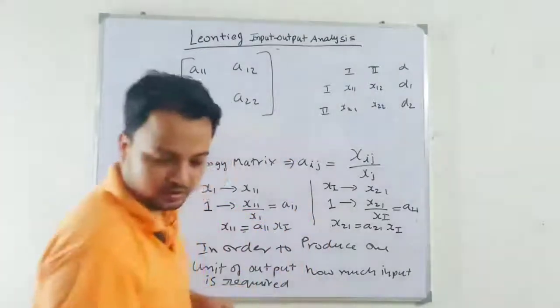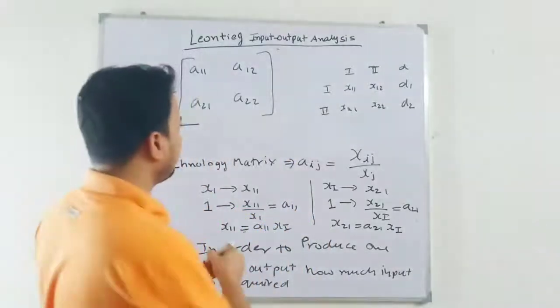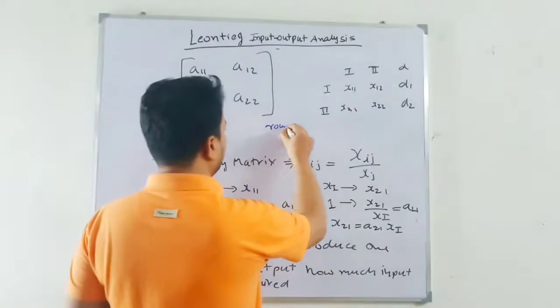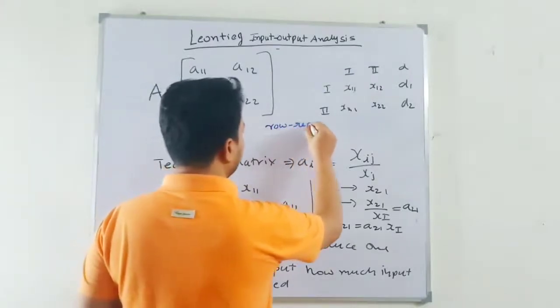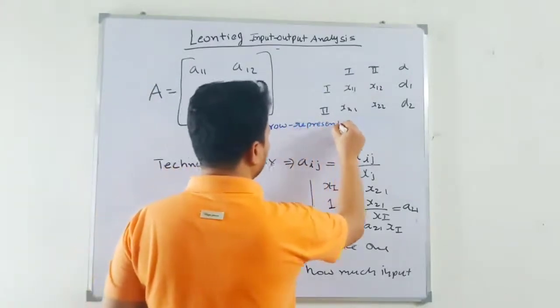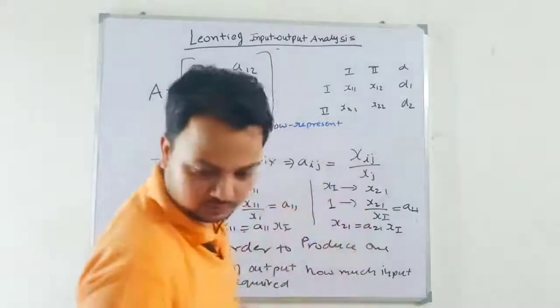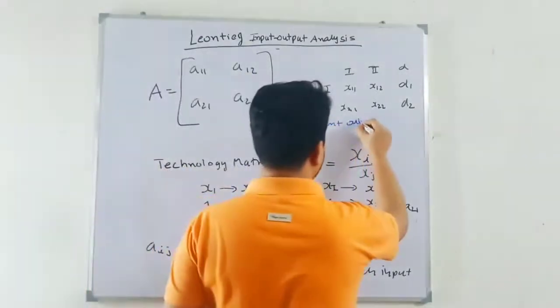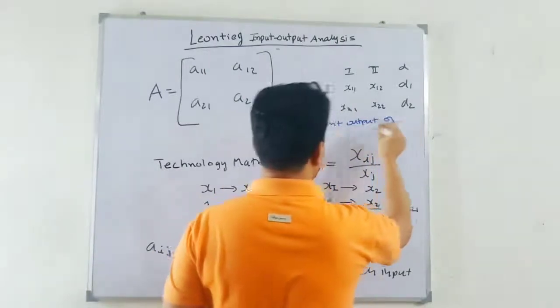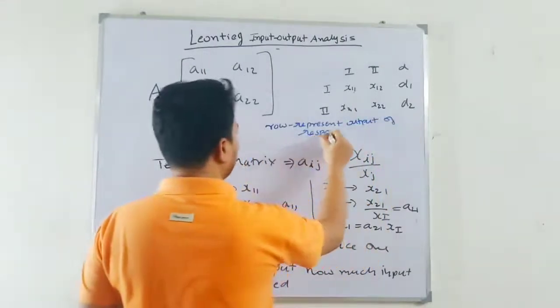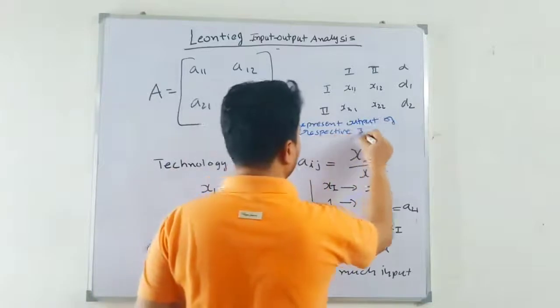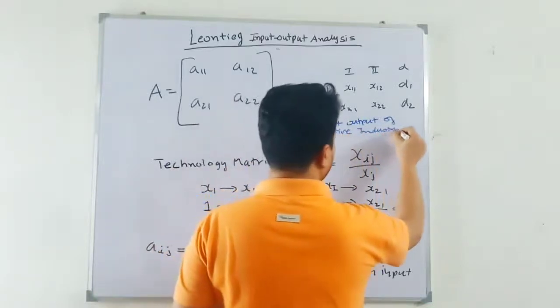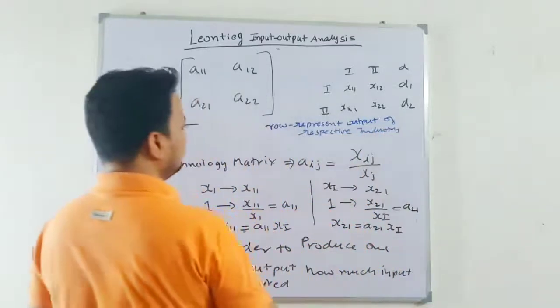Let me use another pen. So row represents output of respective industry. Let me explain this to you.